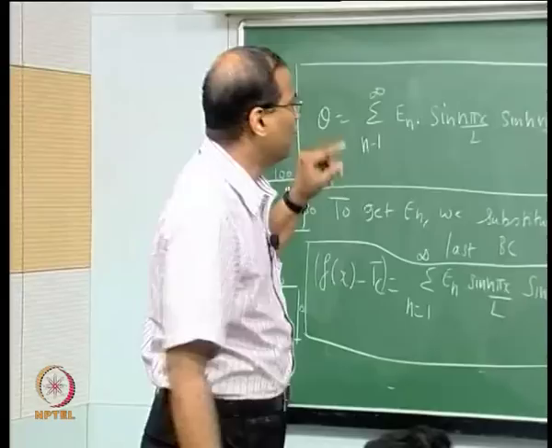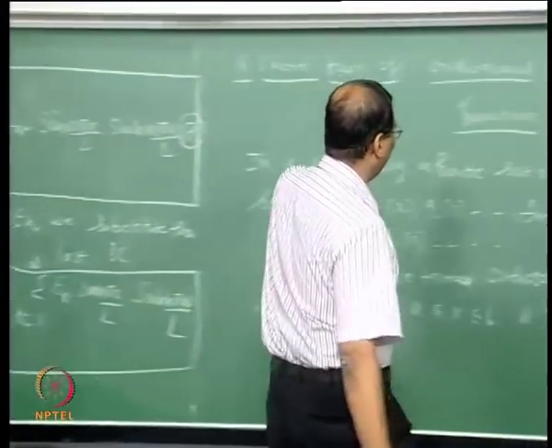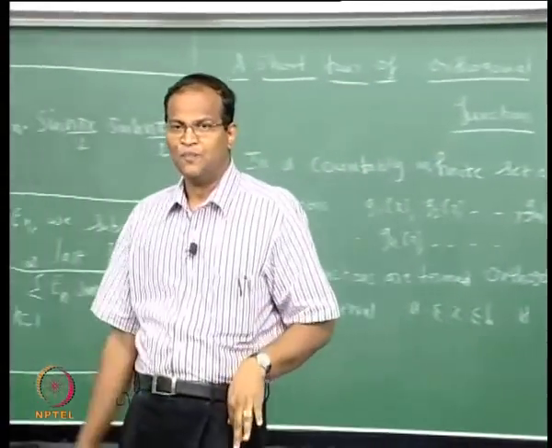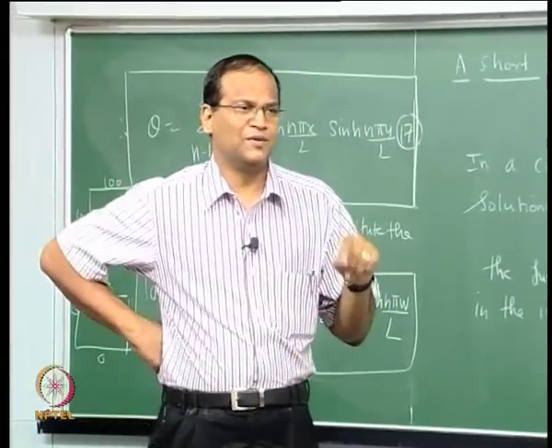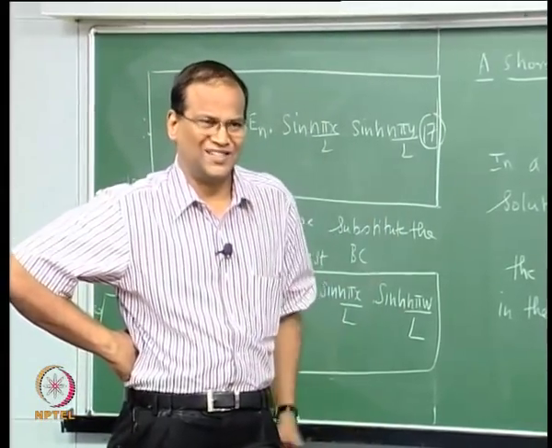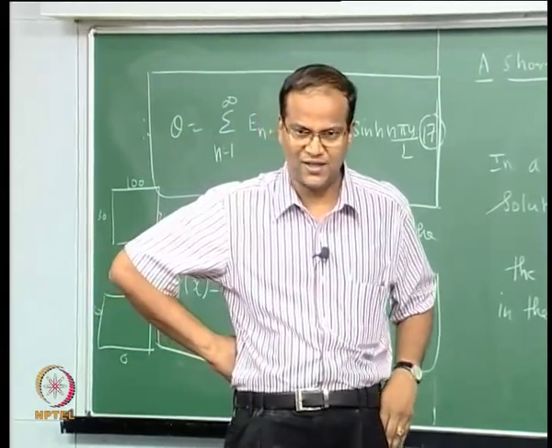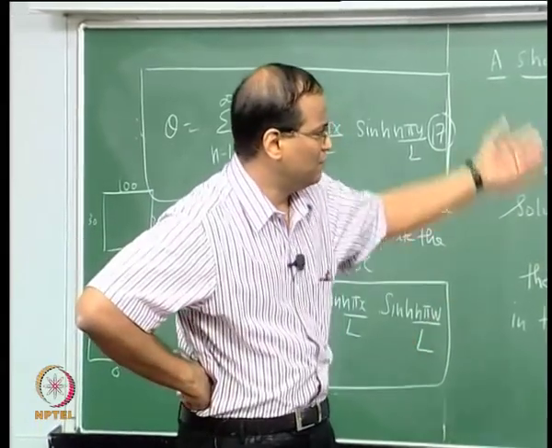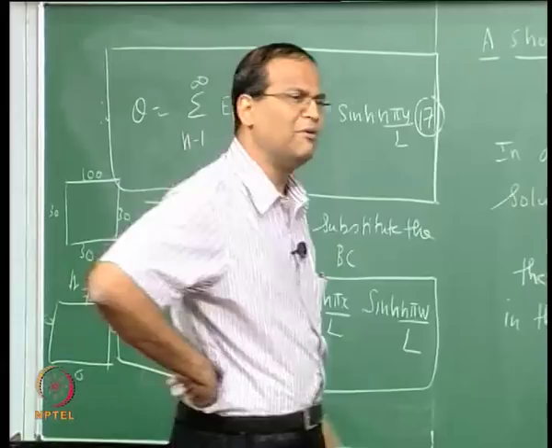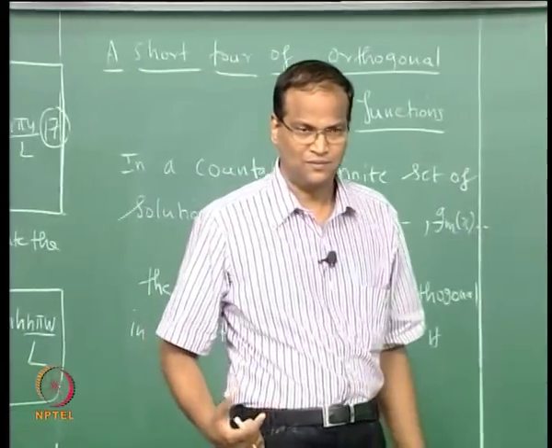Okay, the idea behind defining this is basically to see whether it can be used. So where it is used in applied mathematics and engineering is to take any general arbitrary function f of x, and see whether by using these orthogonal functions g1, g2, g3, any function f of x can be represented as an infinite series.